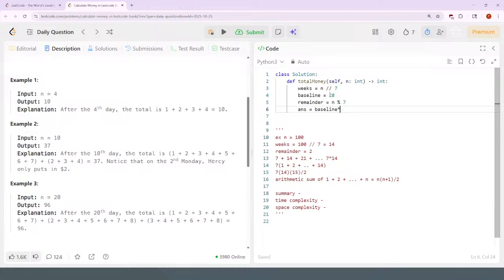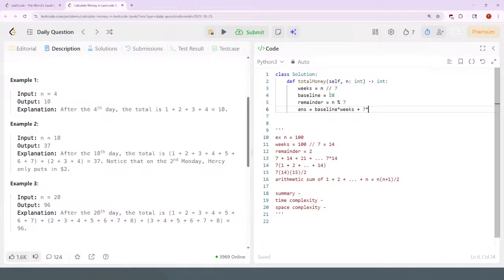Okay, so it's baseline times the number of weeks plus 7 times the number of weeks minus 1, I think. No. 7, and then it's additional 14 the next week. So I think that's arithmetic. So it's like plus 0, plus 7, plus 14, where weeks is the number of values in that.